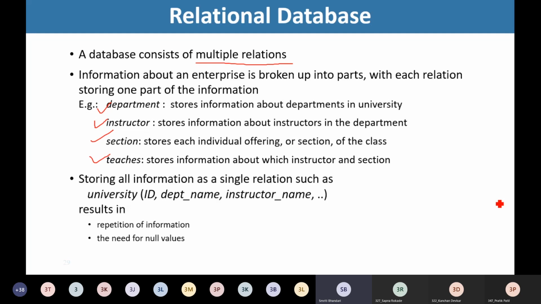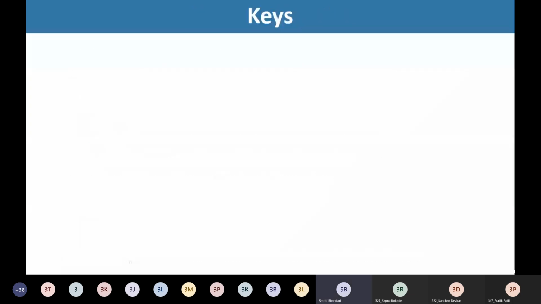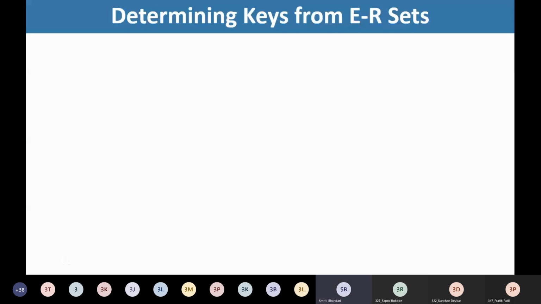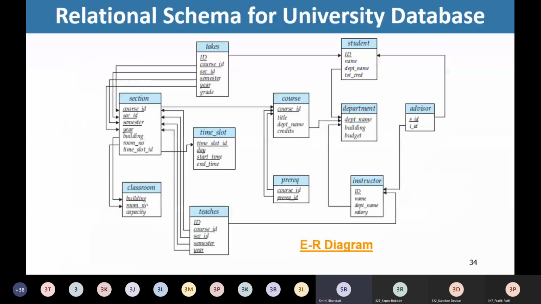And this is how we are actually having our entire relational database, right? So let us see this relational schema for our university database.